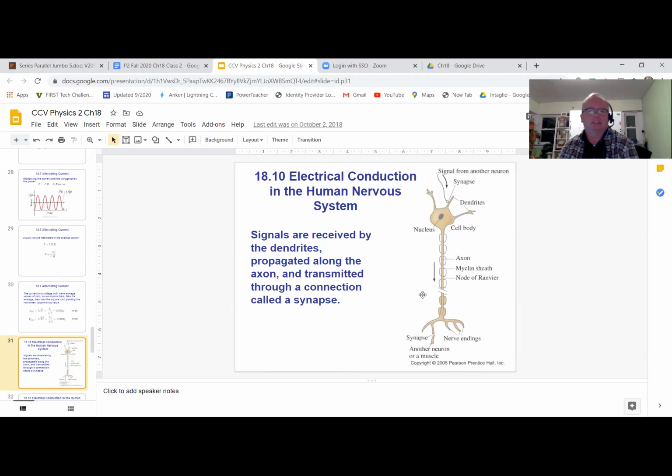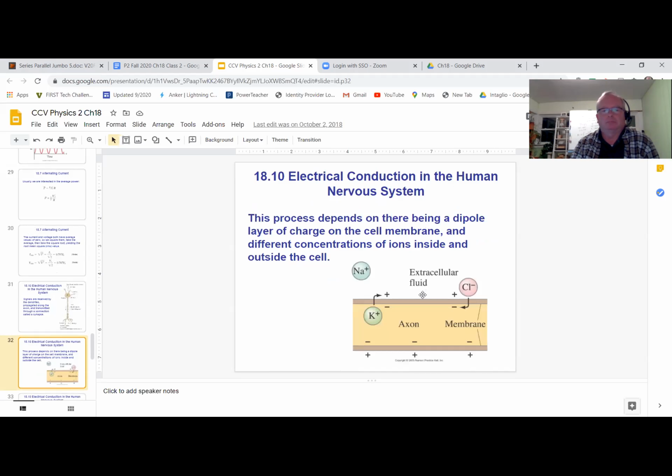And this is kind of interesting, just a little connection here about biology. Some of you probably know this better than I do, but it's interesting the way signals are transmitted in the nervous system. It's a result of the permeability of cell membranes and the presence of different ions.